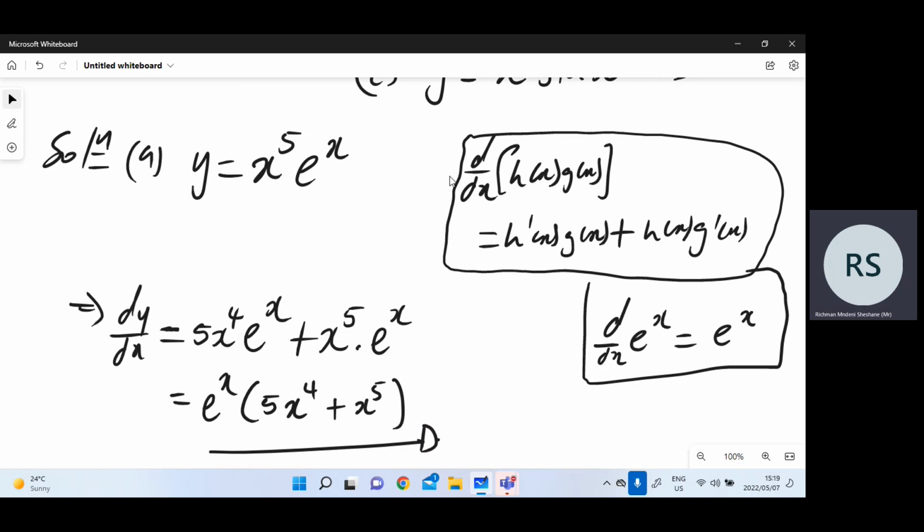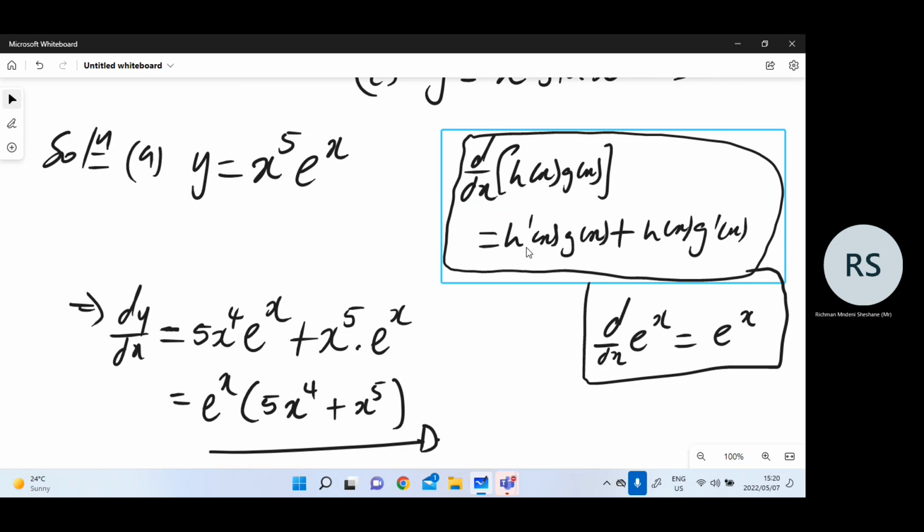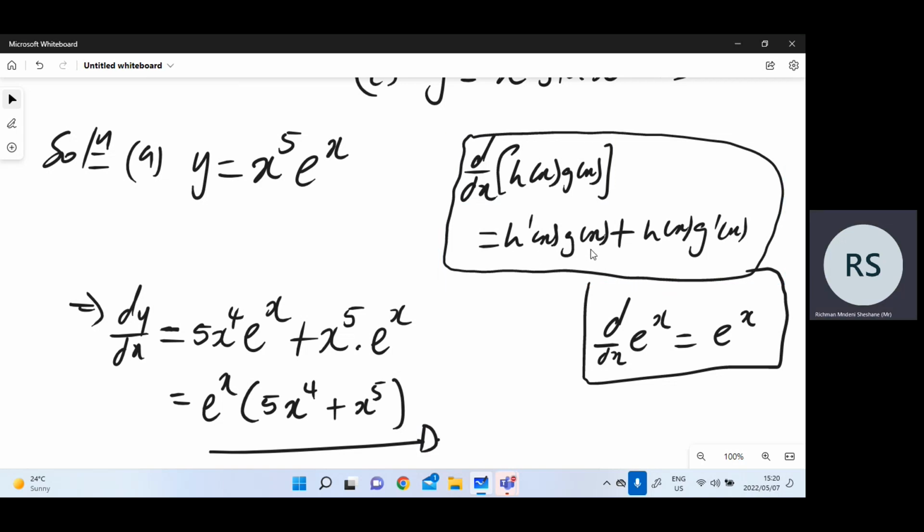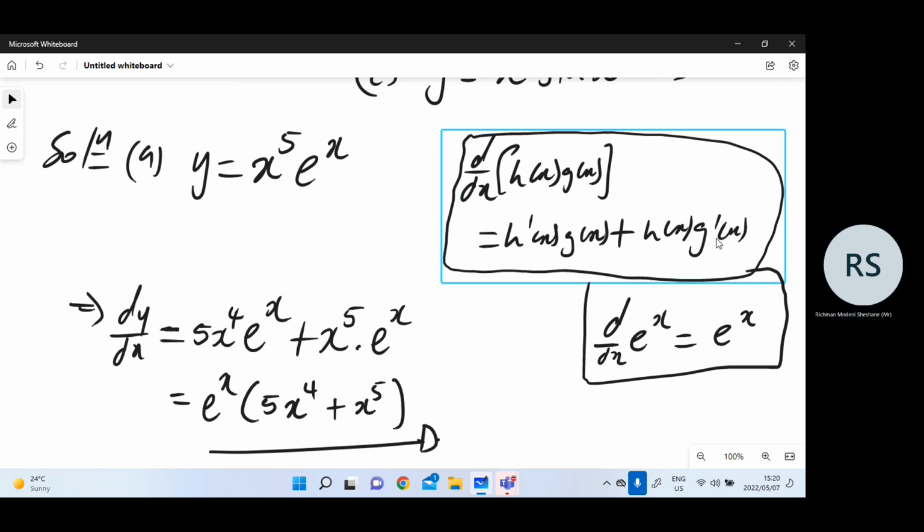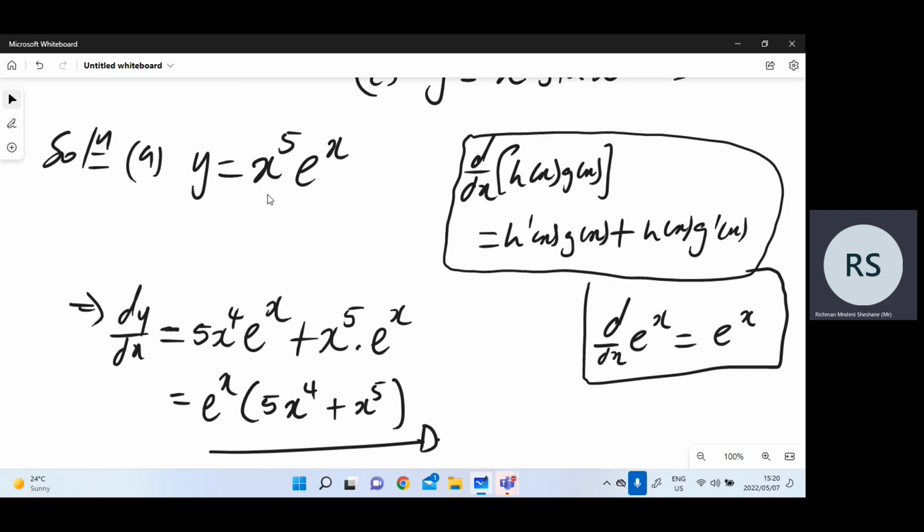the product rule: when you're deriving the product of two functions, the derivative of this product is the derivative of the first function, derivative of h, while you leave the second function, g of x, plus, you leave the first function and multiply by the derivative of the second function, derivative of g of x. So here, let's apply the product rule.